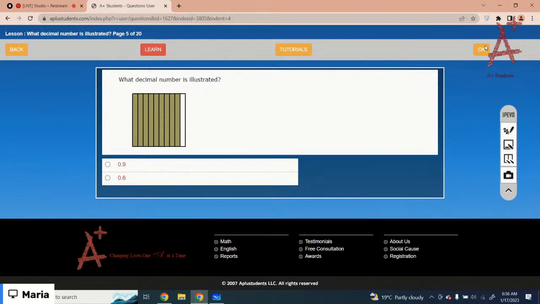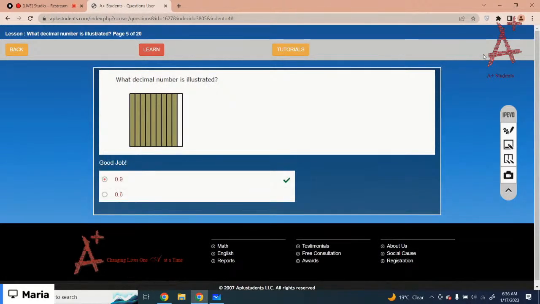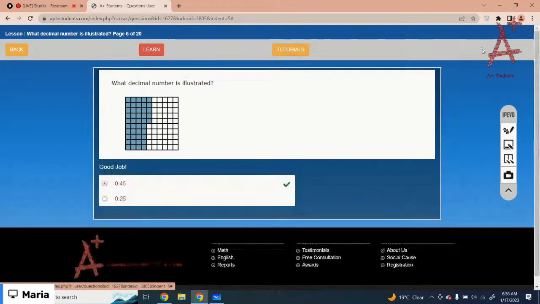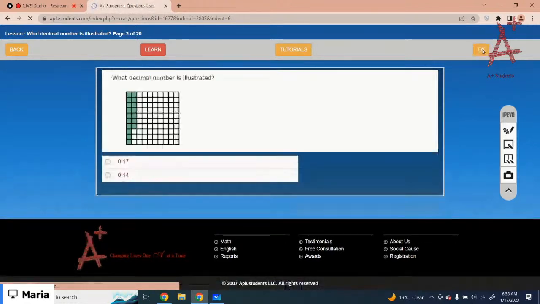Okay, just select the correct option and click on the OK button. What decimal number is illustrated, which is the correct option? It would be 0.45. Got it? Okay, what decimal number is illustrated, which is the correct option?